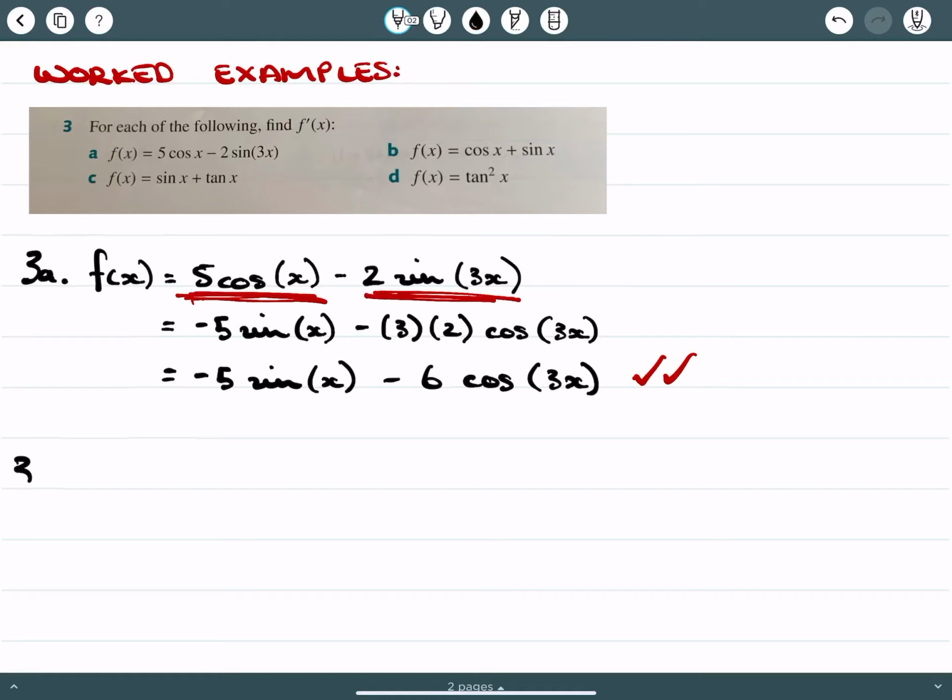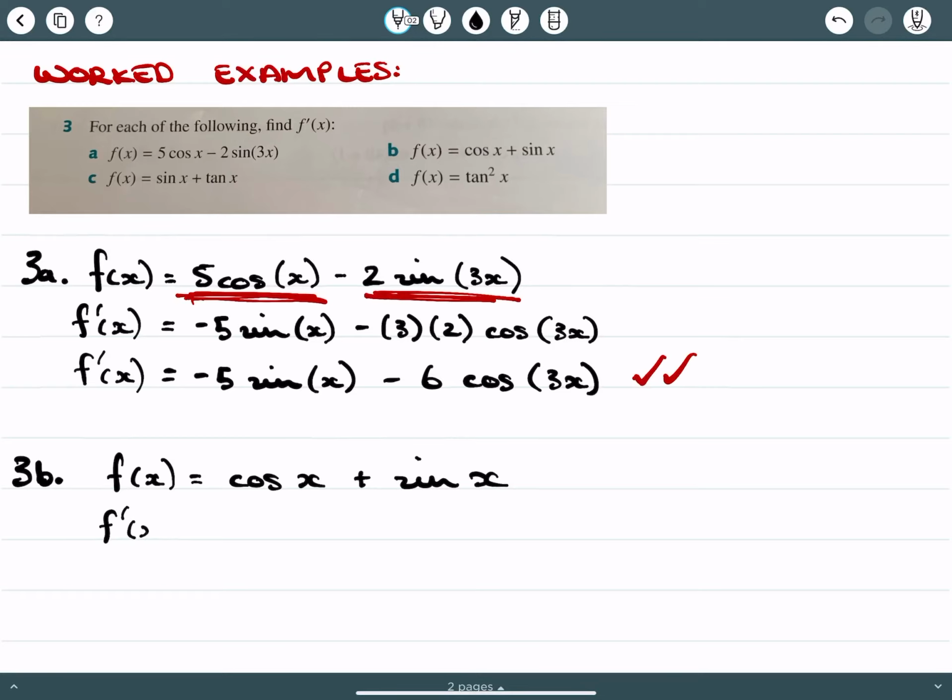I should say that that's going to be our derivative function here, so just make sure your notation is correct. For 3b, we have f(x) equals cos x plus sin x.